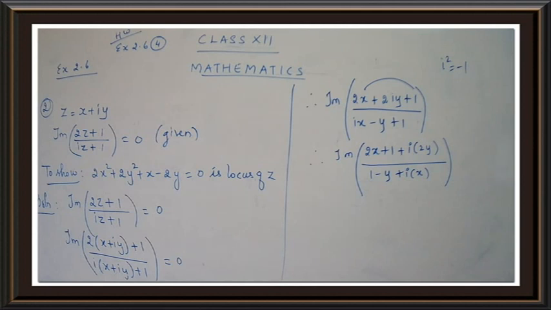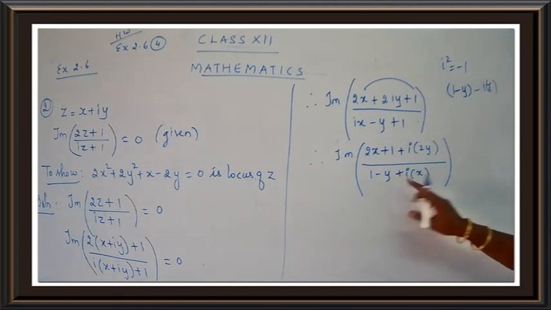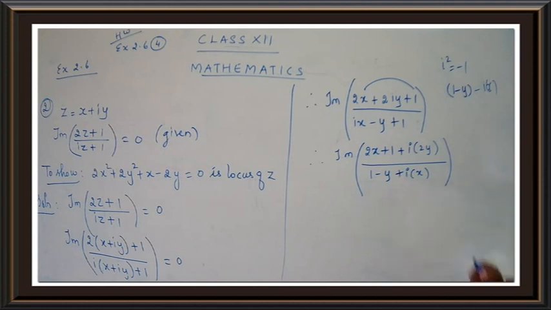You are going to multiply and divide by the conjugate. So let's do the work. How to find the conjugate, children? The conjugate will be 1 minus y. In place of plus, you are going to put minus ix. That's all. Very easy. How to find the conjugate? Change the sign of the imaginary part. So you are going to change this plus to minus.